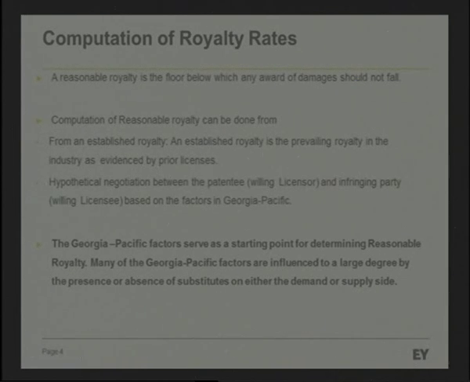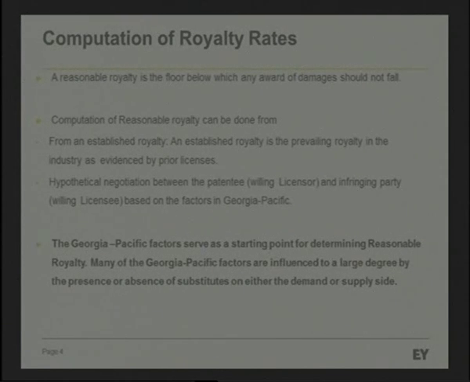In order to compute royalty rates which are fair, reasonable, and non-discriminatory, again we use certain precedents which are called the Georgia-Pacific factors. This is again a case law. It's available in public domain. You can make a reference to that.